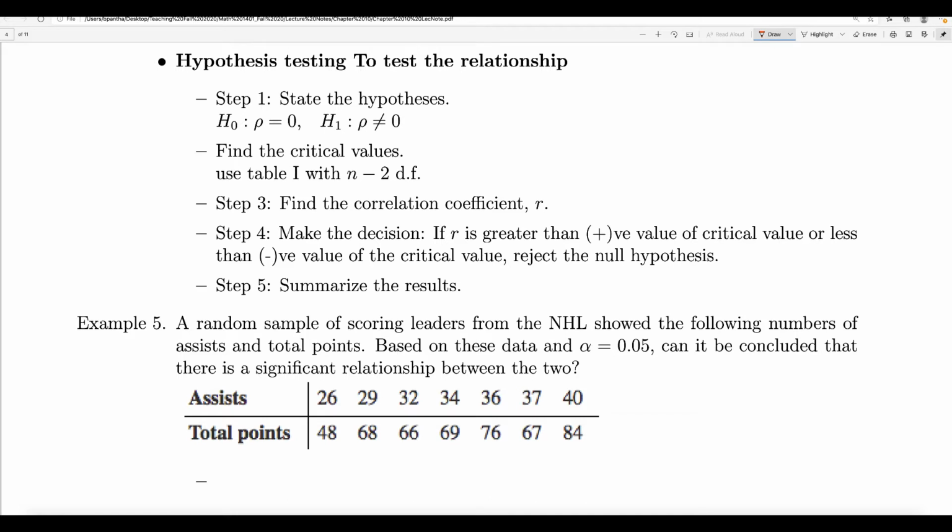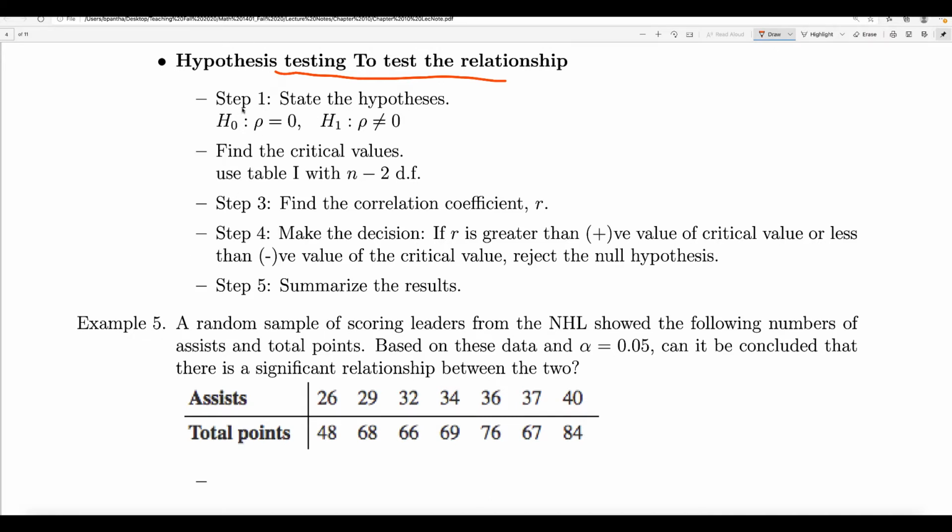Do X and Y have a strong positive correlation in the population or not? That's what we are going to test next. That is the hypothesis testing to test the relationship in the population.